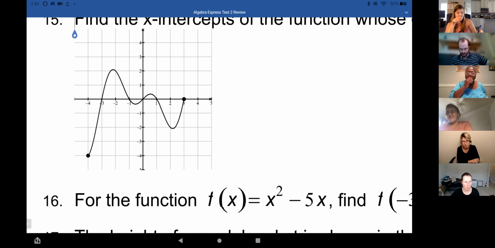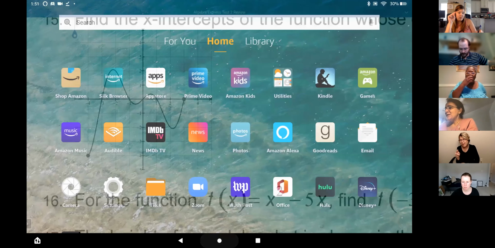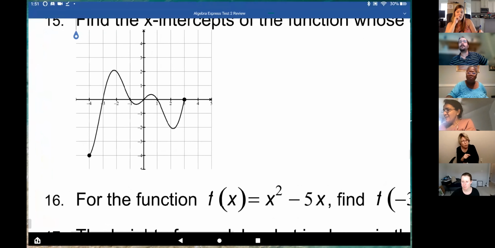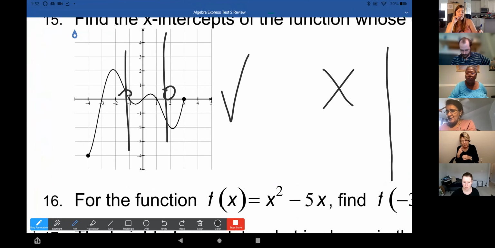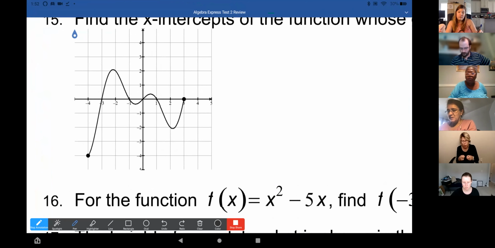Teacher, I have a question before we go. Yesterday I asked Miss Shana about increase and decrease. When we write the interval for the increase or decrease, I think she said it's parentheses, not brackets, because we don't typically include the endpoints.